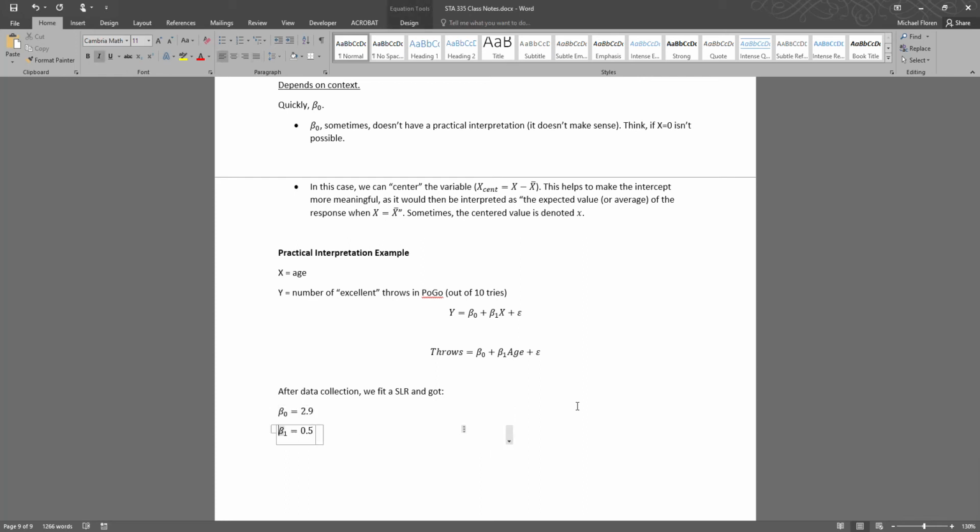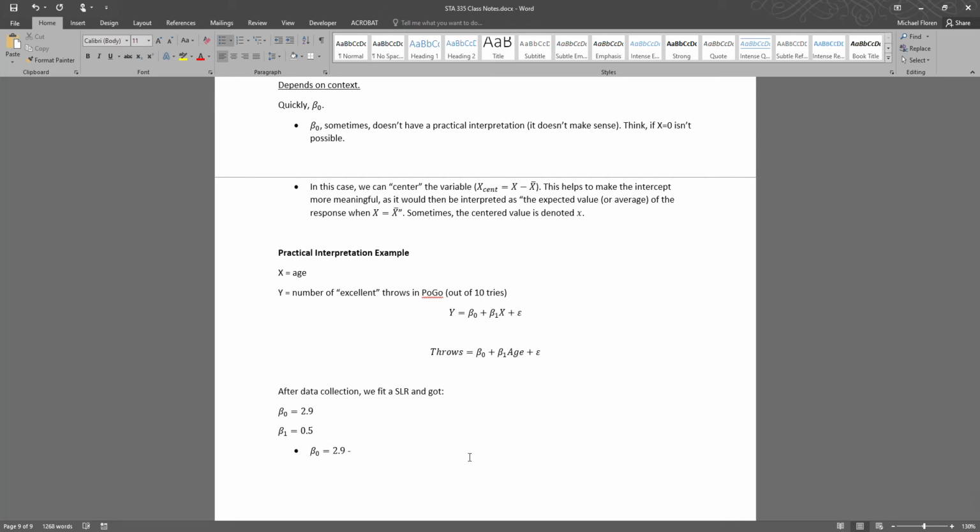And our goal is to interpret these values now. So what do these values mean? Let's start with this beta 0 number. There we go. Alright, so for beta 0, what does this value mean?